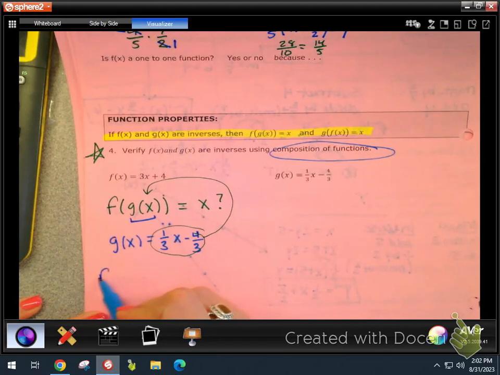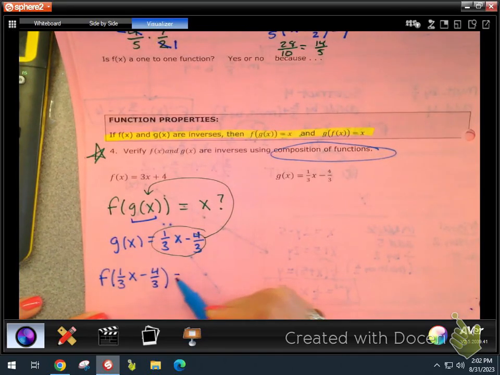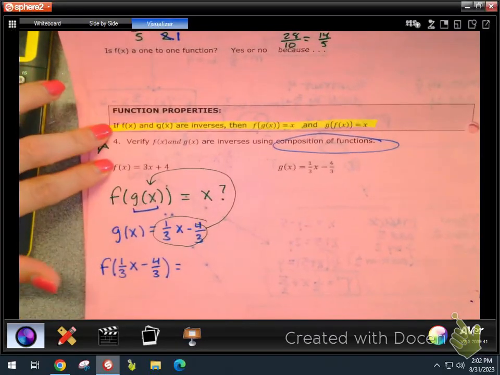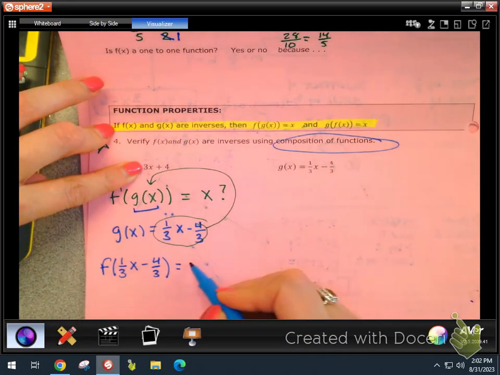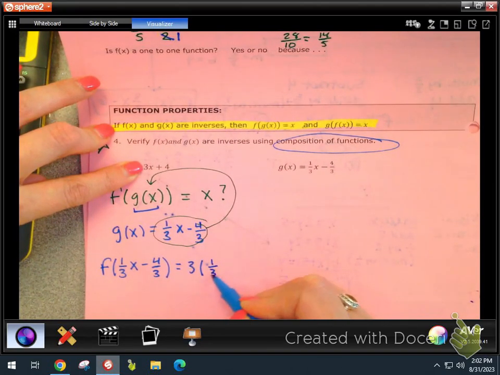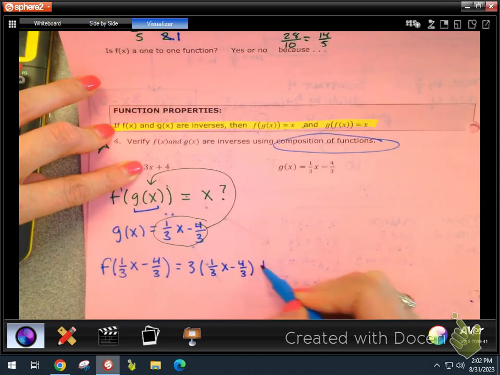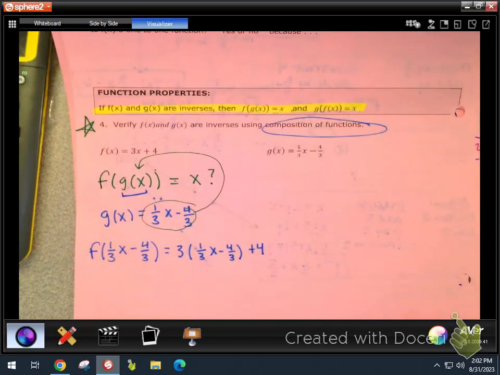So f of 1/3 x minus 4/3 is equal to, and make sure you look at the right function. f of x says 3 times your input. So 3 parentheses, my input, which is g of x, 1/3 x minus 4/3, plus 4.